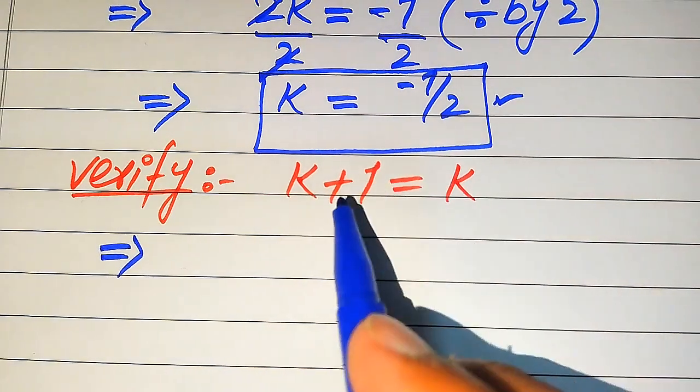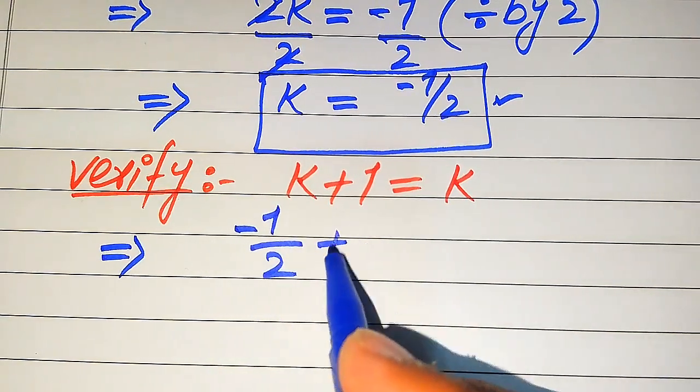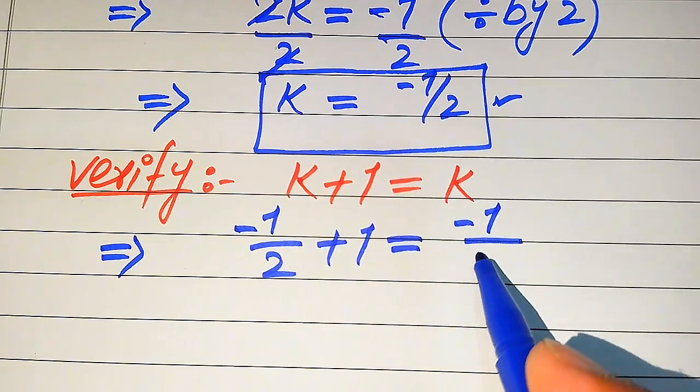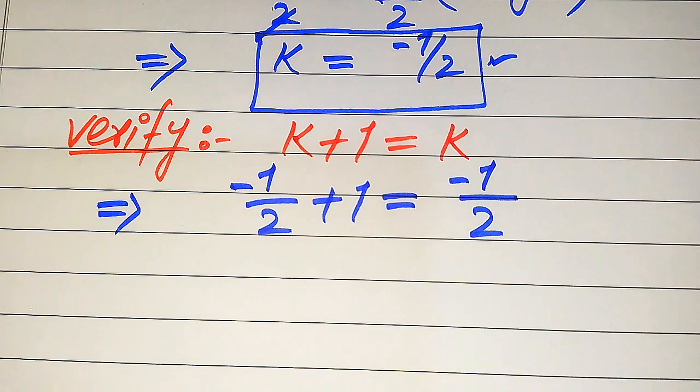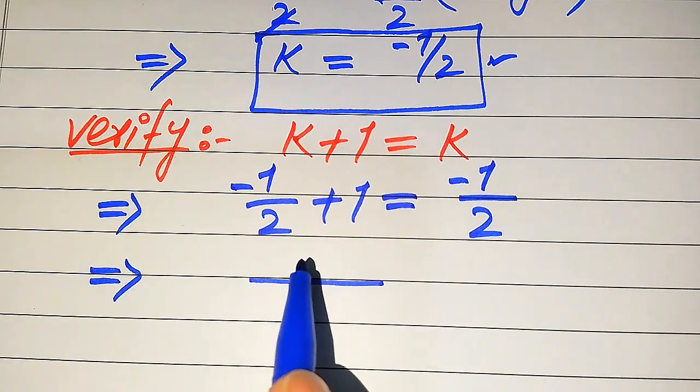So when we put this value into the left hand side, it becomes minus 1 divided by 2 plus 1 is equal to minus 1 divided by 2. And now in the next step, we need to take the LCM of the left hand side.